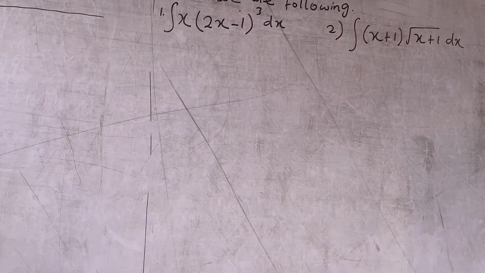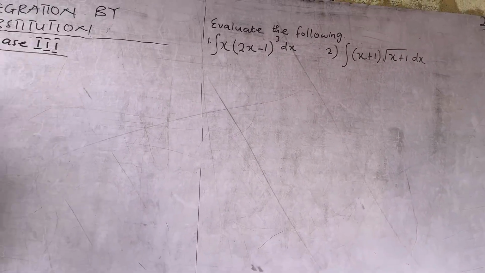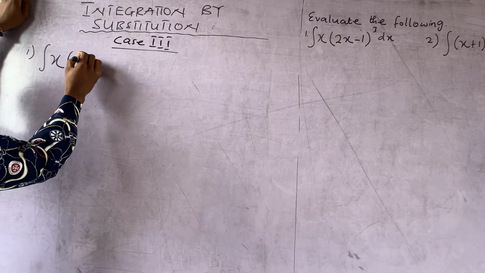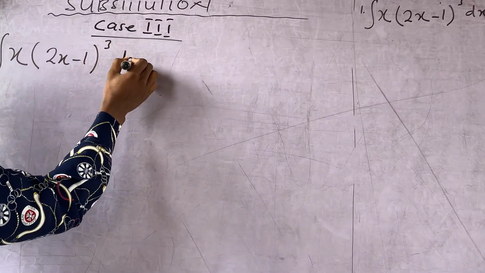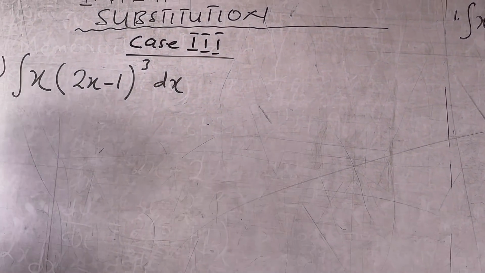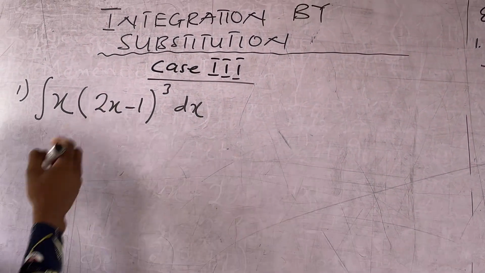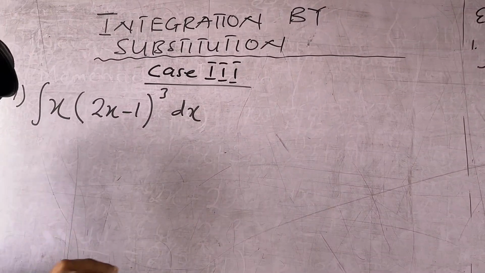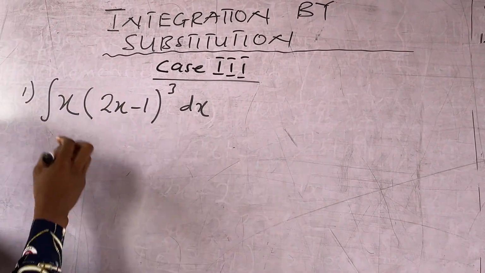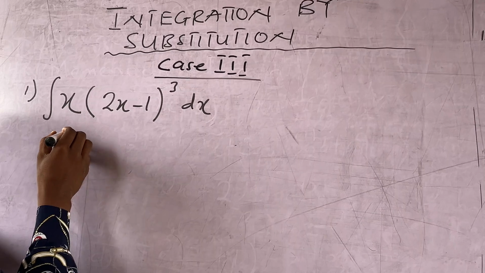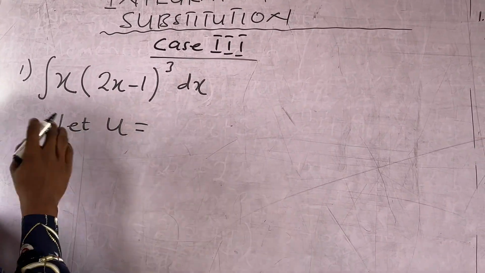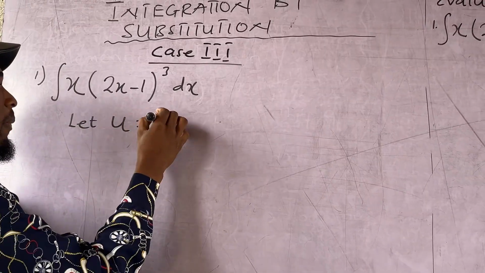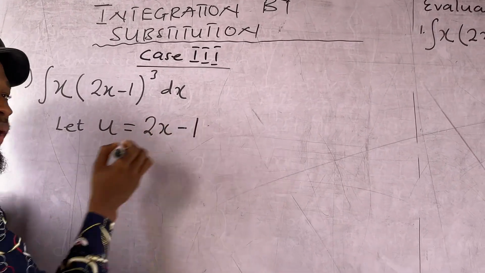So I have the integral of x multiplying (2x minus 1) raised to an exponent of 3 dx. For these cases, this is what we are going to do. Since it is u-substitution, we are going to say, let u be equal to 2x minus 1.